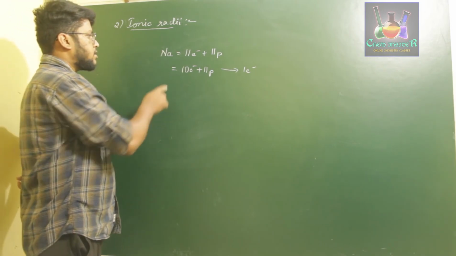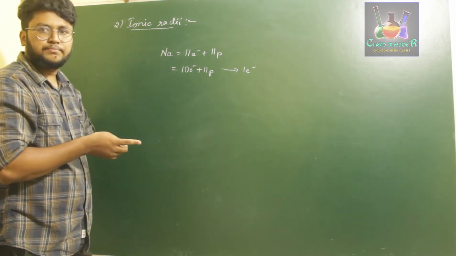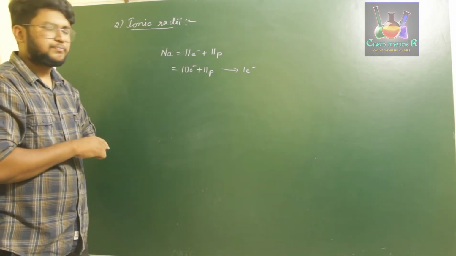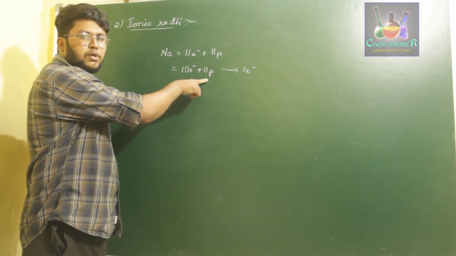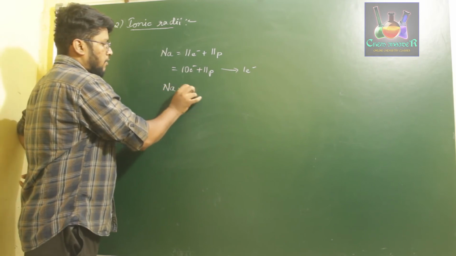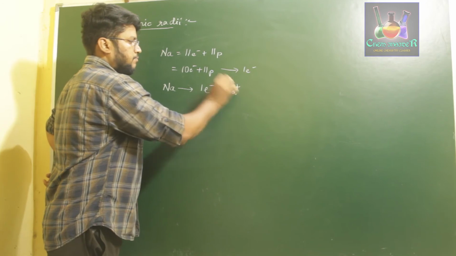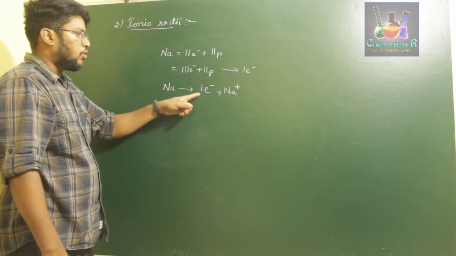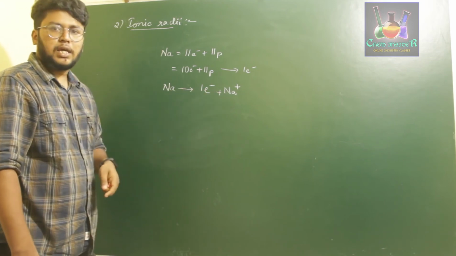Therefore, whenever an atom loses an electron, it gains a positive charge. We have one extra positive charge, so Na on losing one electron becomes Na plus.